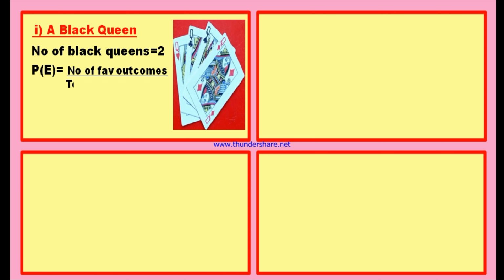The probability of this event is the number of favorable outcomes by the total number of outcomes. We already know that the total number of outcomes is 52. And here, the number of black queens is 2. Therefore, the favorable outcomes is 2. The probability of this event is 2 divided by 52. By simplification, it is 1 by 26.